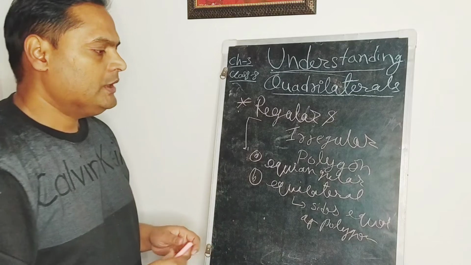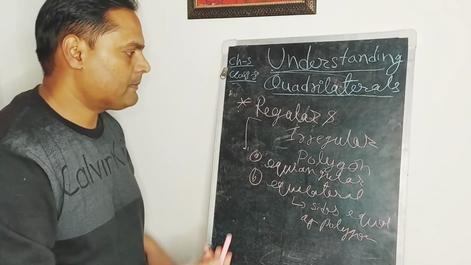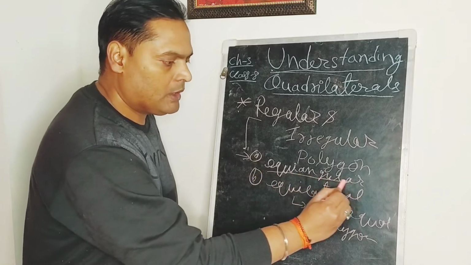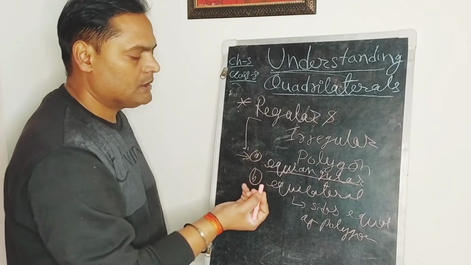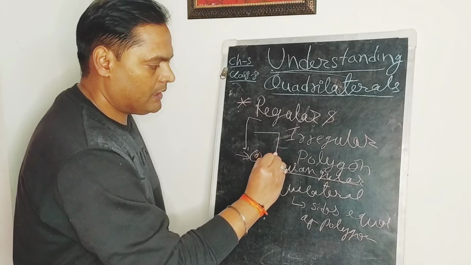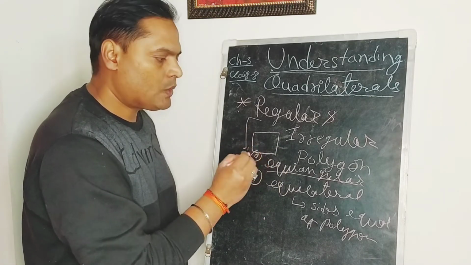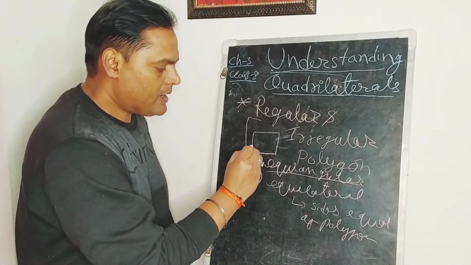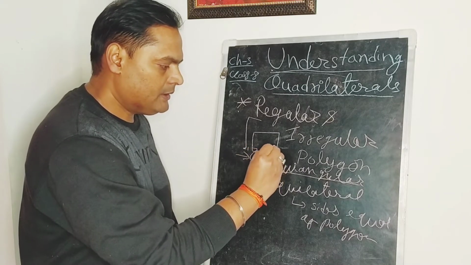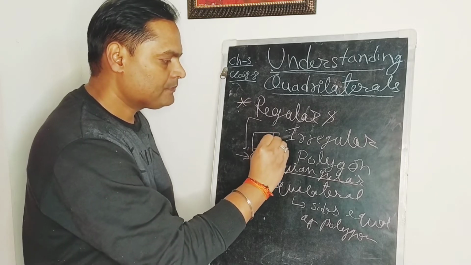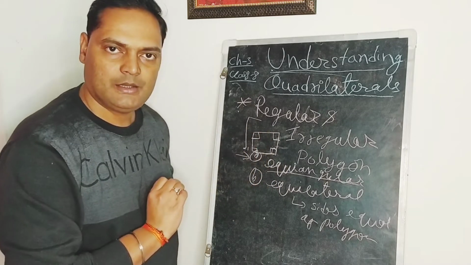Okay. So if two conditions are met, first is equiangular, which means equal angles. For example, this is a square, so it has equal angles, 90 degrees everywhere.